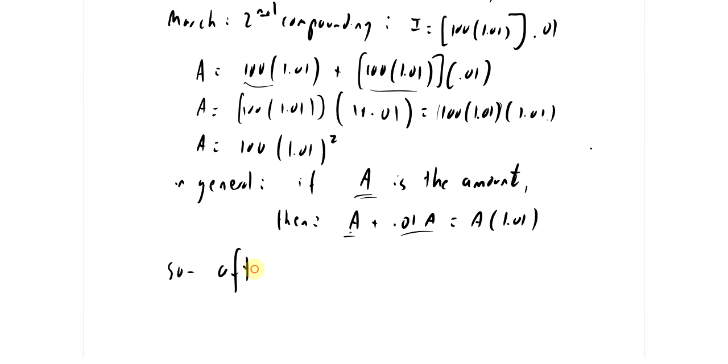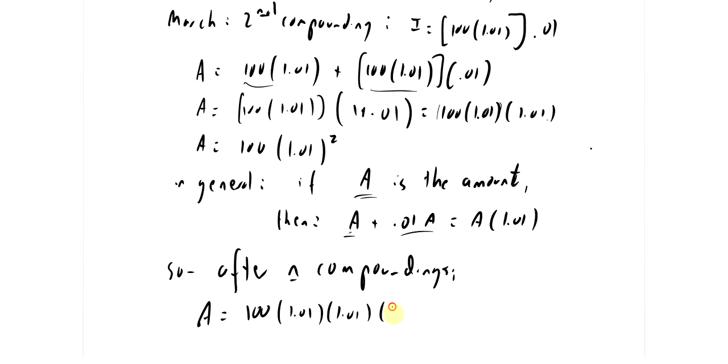So after n compoundings, how much do you have in the account? Well, the amount in the account is the amount of your initial investment, and each compounding, you multiply that by 1.01 to figure out how much you get.